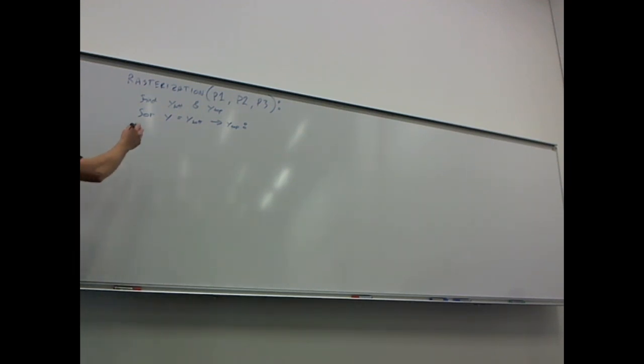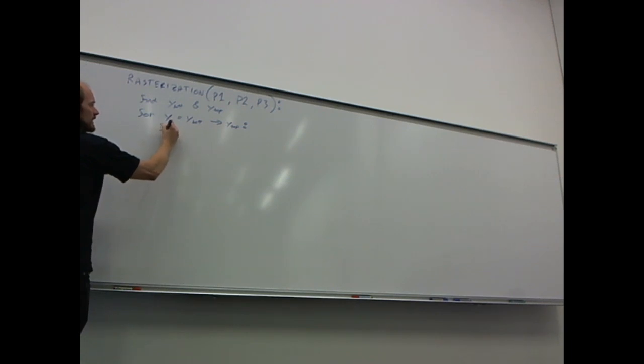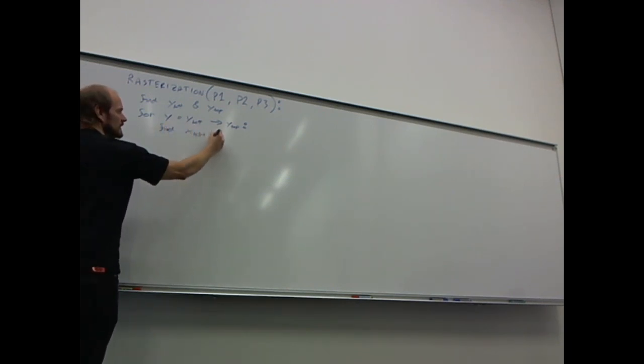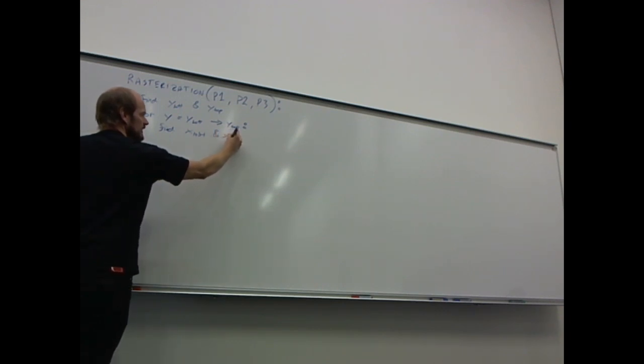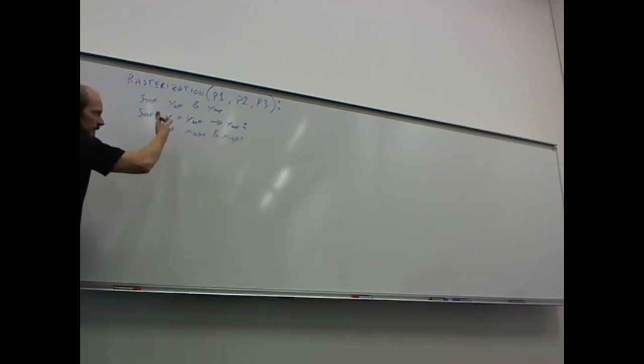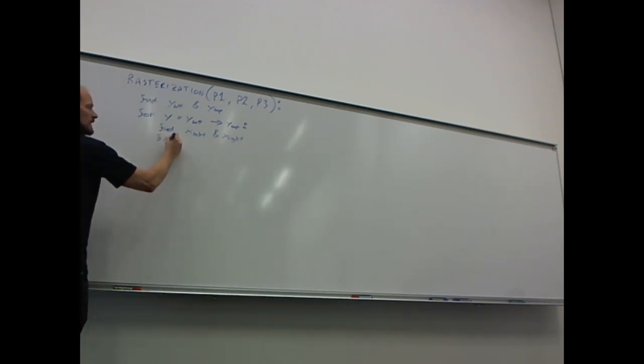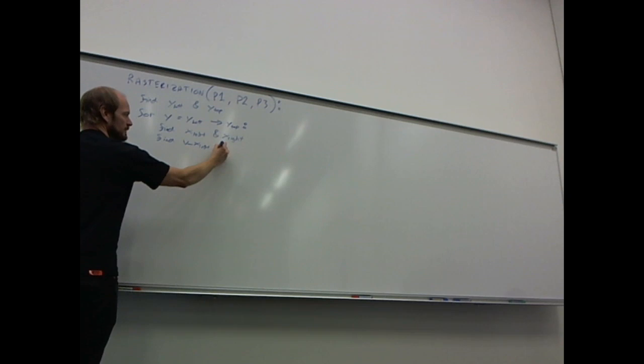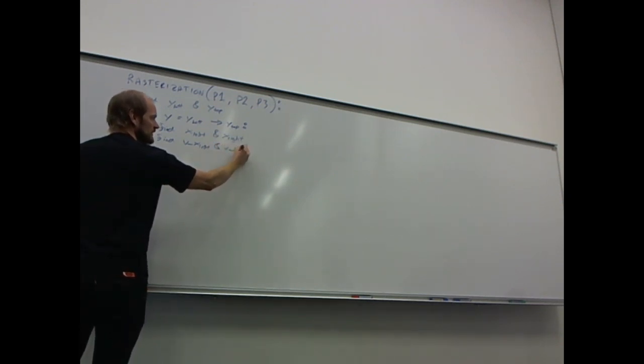For each scan line, we like to find X left and X right. But inside these scan lines, we also need to find right and left values for all our varying variables. Find v_whatever_left, v_whatever_right.